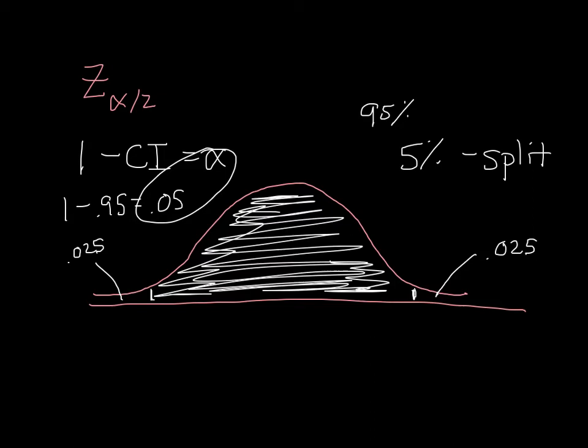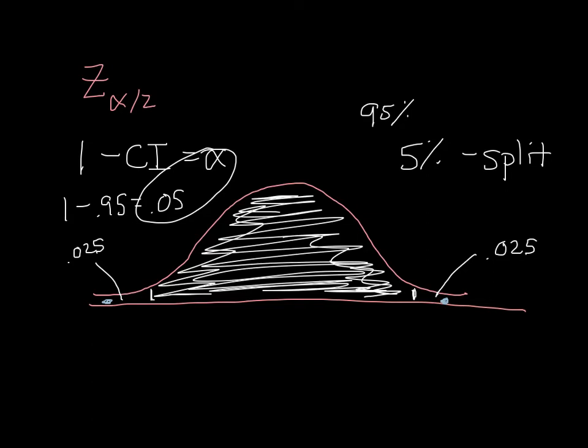That would mean points that are not within our 95% confidence interval. It could be that when we take our sample, it falls out here, maybe in that tail, or maybe down here. Now, it's not going to happen very often. In fact, it's going to happen very little. But that's where the alpha divided by 2 comes in.